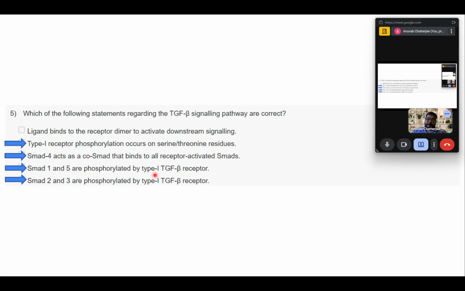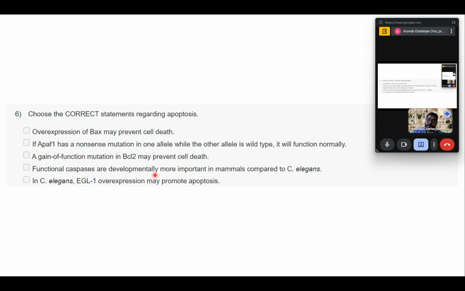Okay, then we go on to the next one, a different pathway, which is the apoptosis pathway. The question is, choose the correct statements during apoptosis. The options are: overexpression of the protein BAX may prevent cell death.